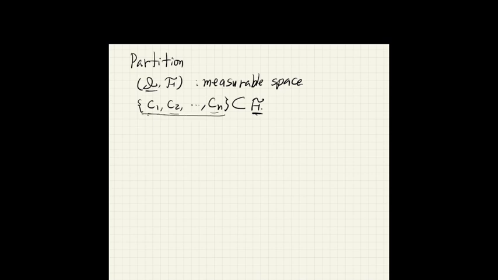Okay, so we pick part of F to define this subcollection. And this subcollection is called a partition if they are mutually disjoint: when K and L are different, their intersection is empty set, and together they add up to entire omega.